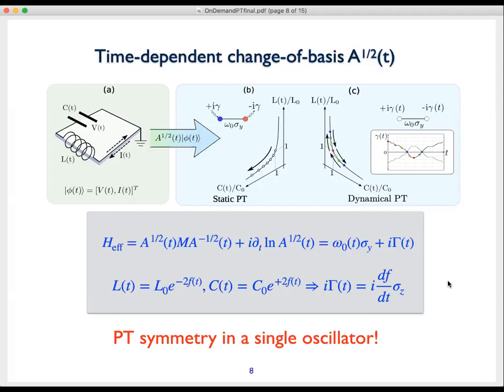Hi, Yogesh. I have a question, more on the interpretation. I understand that from the experimental point of view, it's easier to work with one system than two, so it's cool to have PT symmetry in a single oscillator. But I wonder, this is just a mapping of your problem into a PT symmetric system, right?